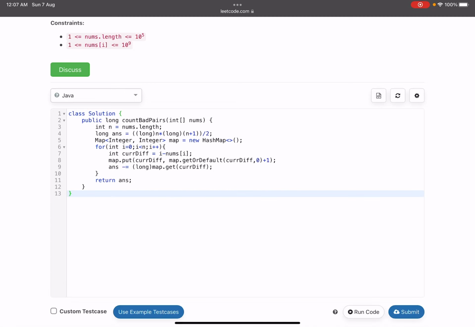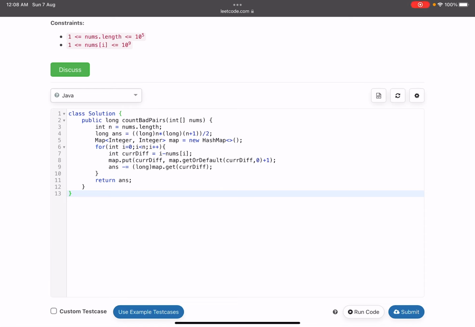So we check whether we have the current difference or not. Irrespective of whether we have it or not, we increment the count for the difference of i minus nums of i, right? Because we are trying to group the numbers. For every index i, if i minus nums of i is equal, then all those numbers can form good pairs.